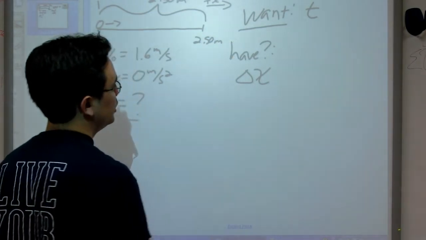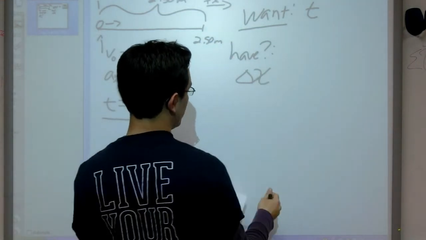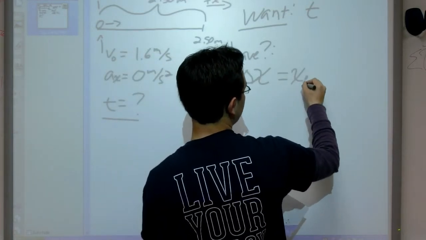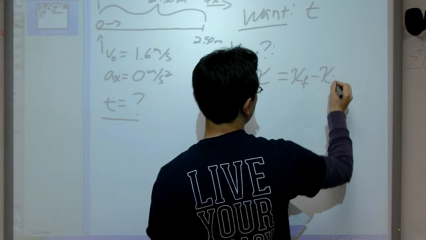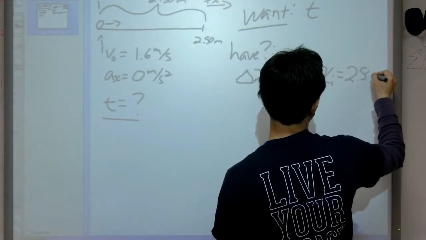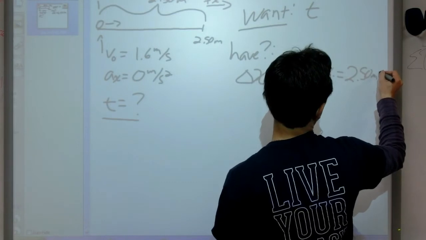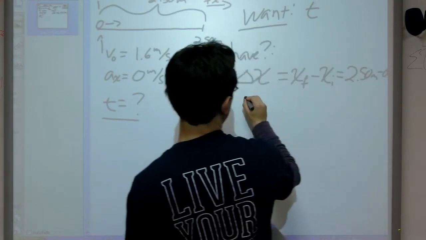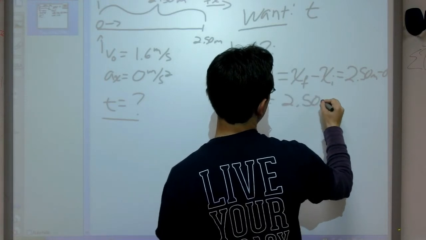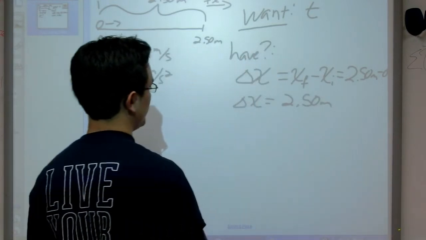Looks like we know the displacement involved. Delta, as you recall, is final minus initial. Our final is 2.50 meters, and our initial is 0. So we end up with delta x equals positive 2.50 meters.